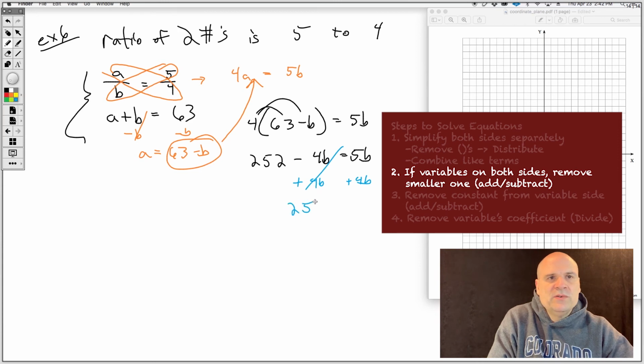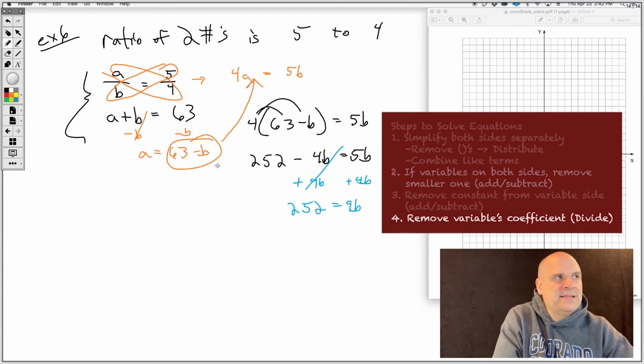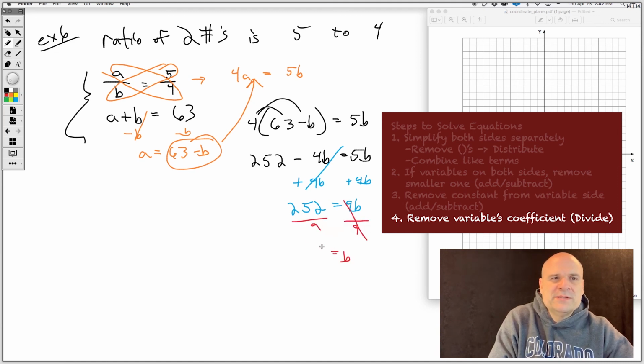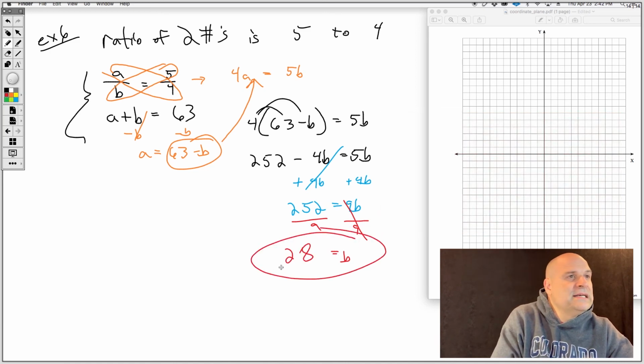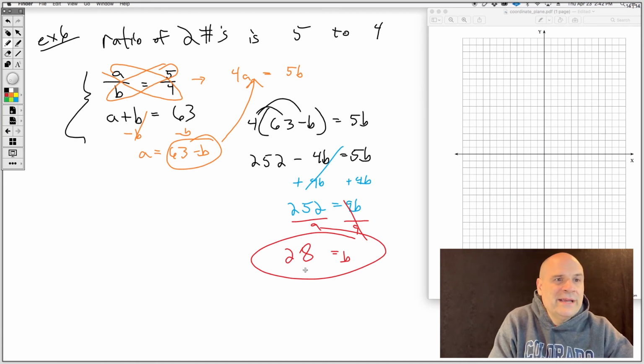So 252 equals 9b. Last step to solving equations is divide by variable's coefficient. So b equals 28. Okay, if b equals 28, what's a? Well, 28 plus what equals 63? Well, a has to be 35.